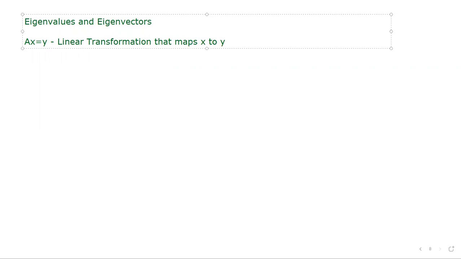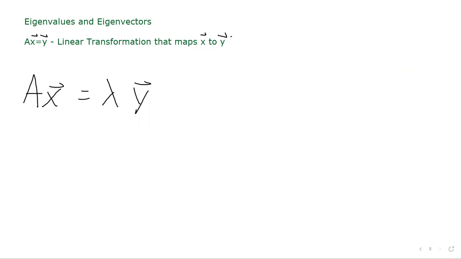And we can then also write this as Ax = λx. Since we're going to get just another column vector, we're going to multiply it by something, where this λ is a scalar.